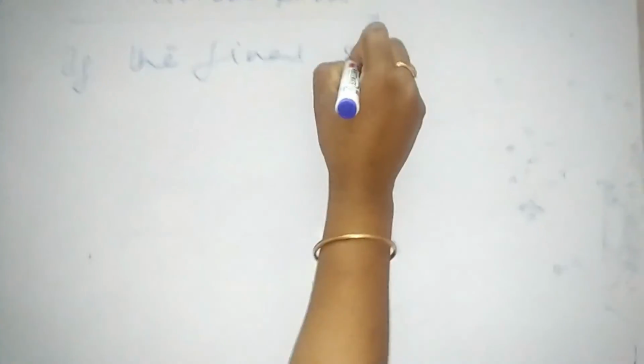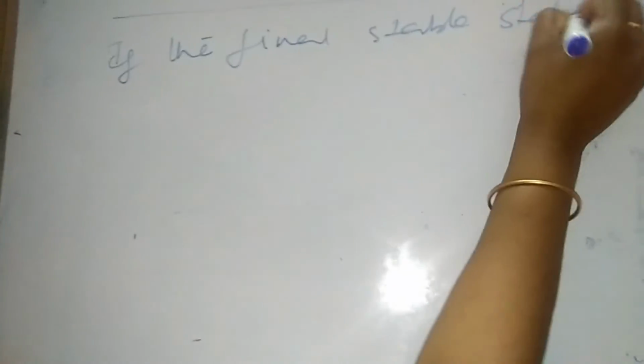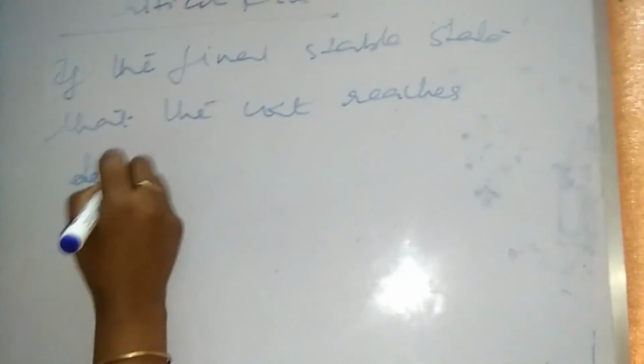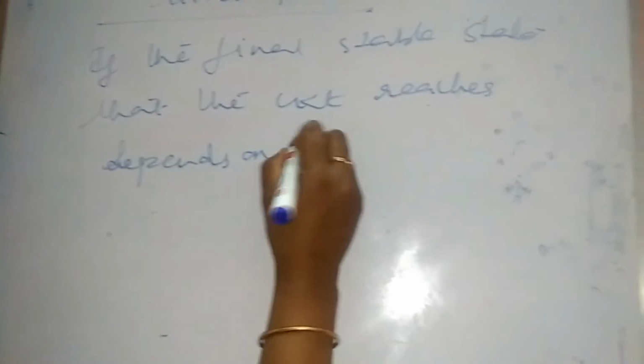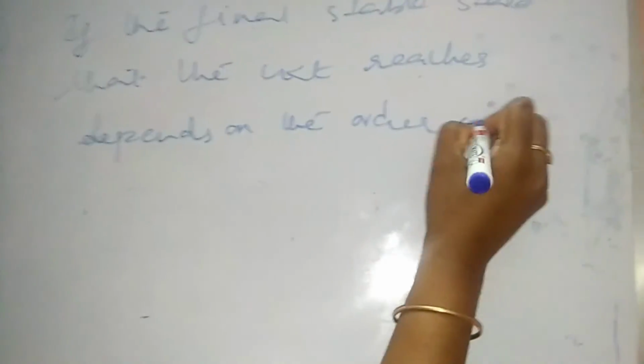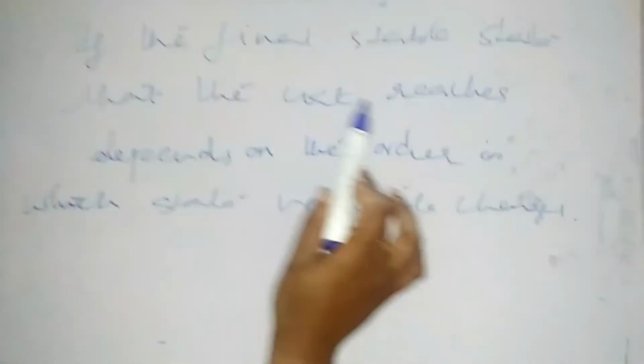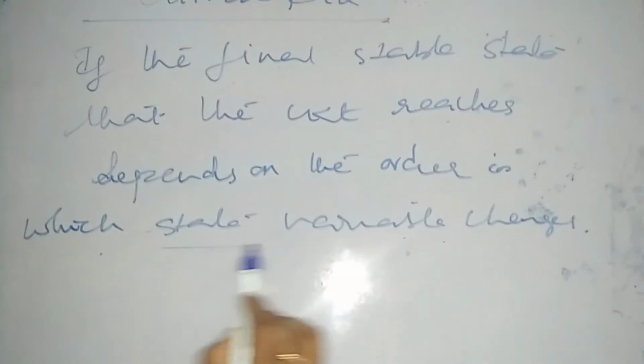So critical race is when the final stable state that the circuit reaches depends on, and here this is important, the order in which the state variables change.